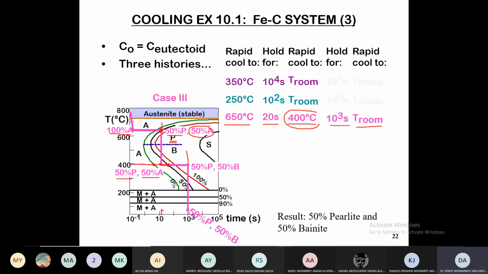If you keep it more, up to 1000 seconds there, all the unstable austenite is going to change into the bainite. So the perlite is kept constant, as we could see there. The unstable austenite changed to the bainitic phase, which we have here.